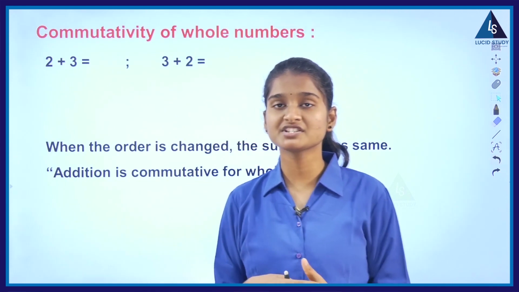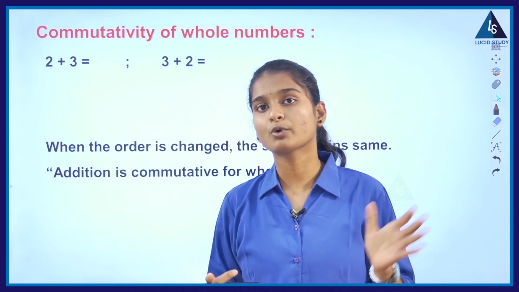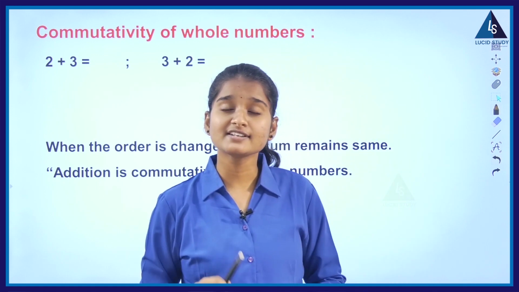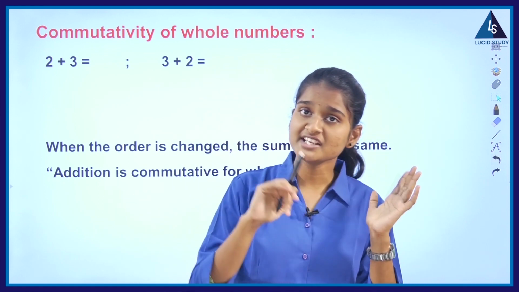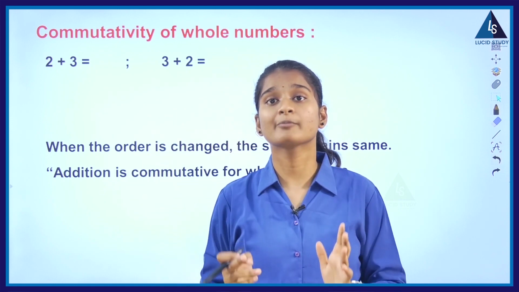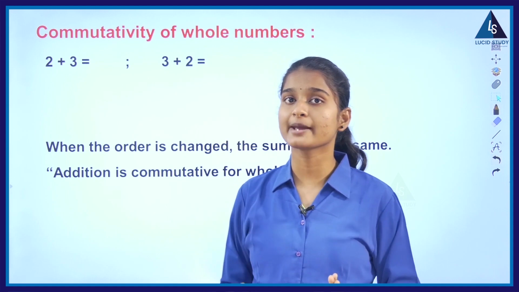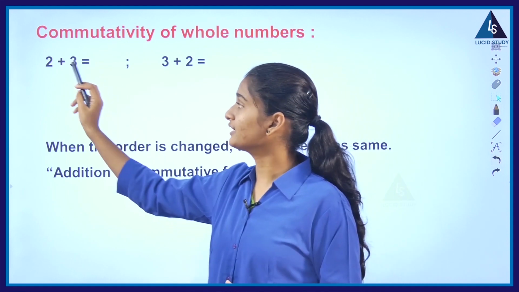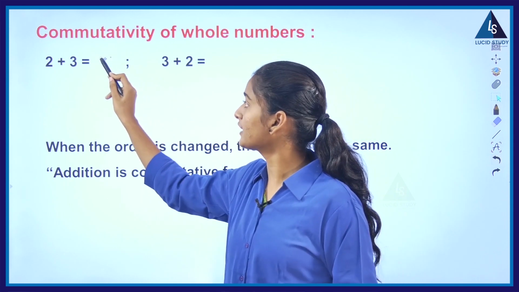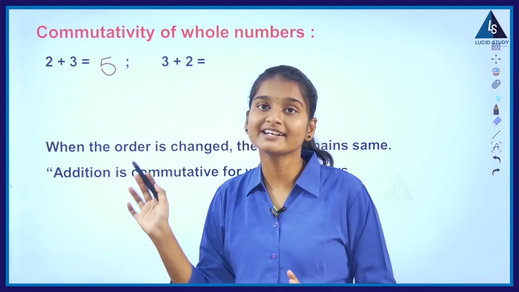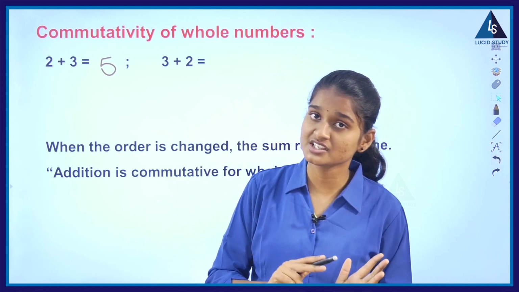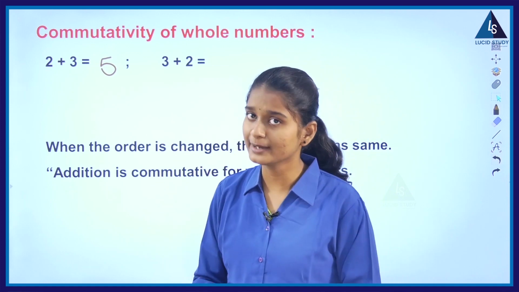Children, what is commutativity? Now let us learn what is commutativity of whole numbers. Commutativity is nothing but when we change the order of the numbers, the sum should be the same or the product should be the same. So what is 2 plus 3? 2 plus 3 is equal to 5. Now let us change the order and check whether the sum is the same.